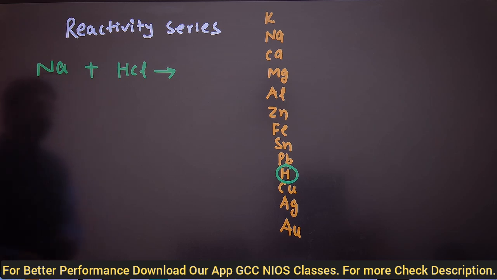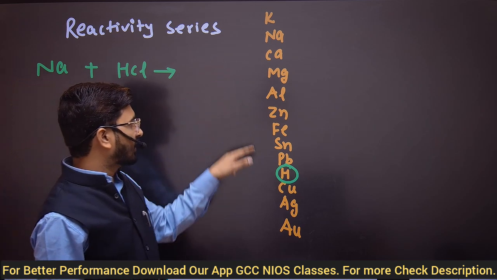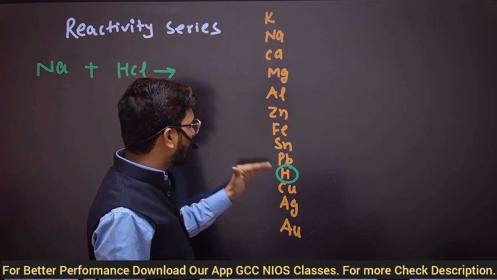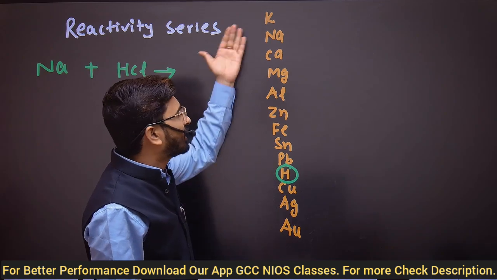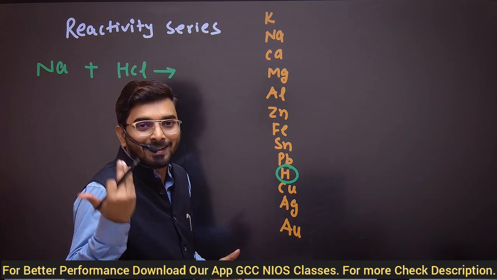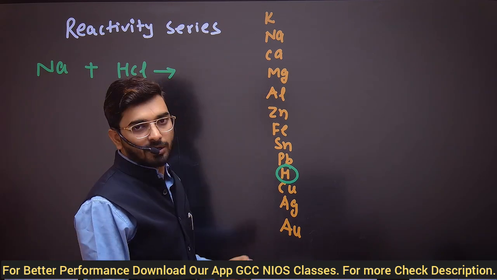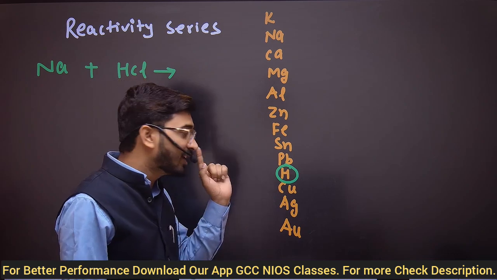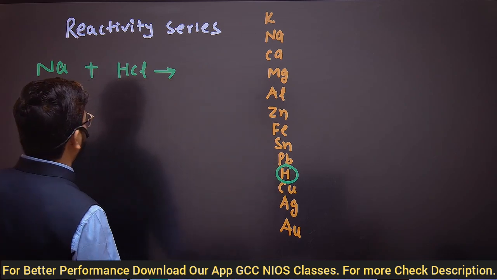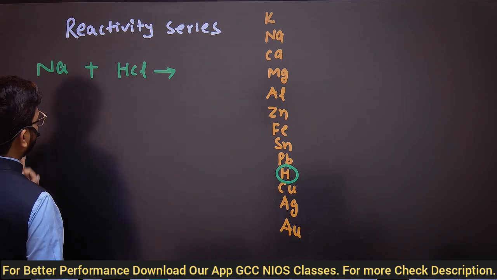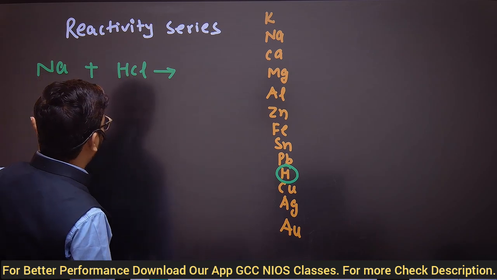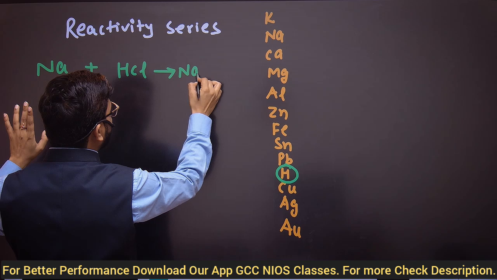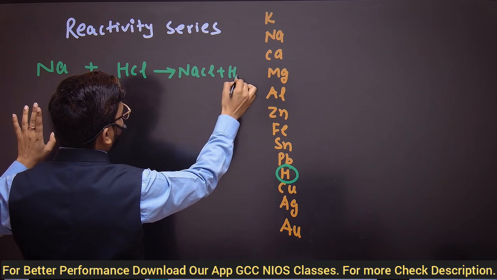You know very well that in this list sodium is upper than hydrogen. That means the upper elements have higher reactivity than the lower elements, and the more powerful element in the reactivity series can displace its negative ions. So this sodium will displace chlorine from hydrogen chloride and make NaCl plus H2.